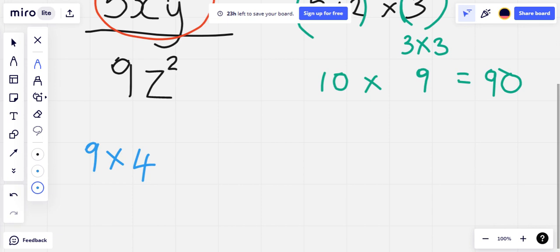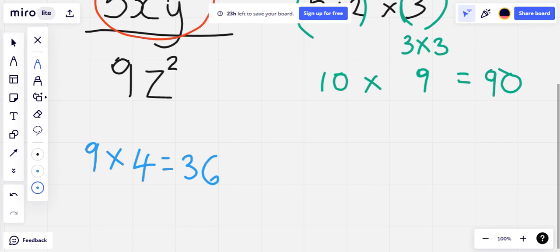Oh, all right, so let's go. 9 multiplied by 4, our answer right there is equal to 36. Sorry about that.